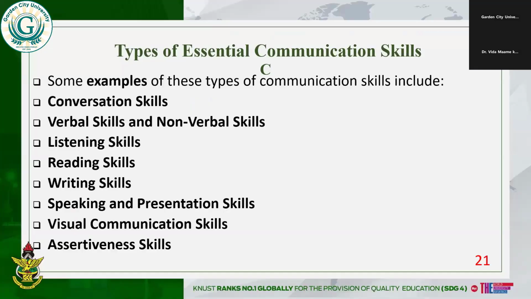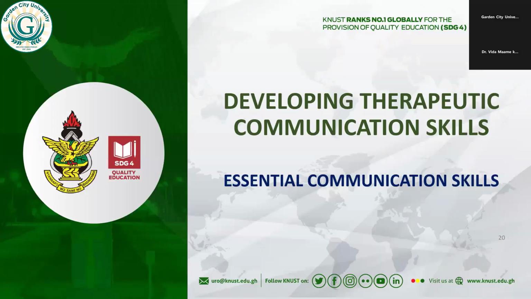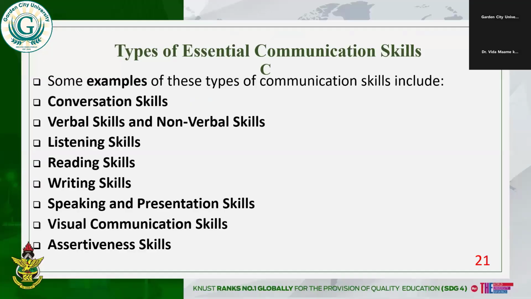So how do we develop therapeutic communication skills itself? So, essential communication skills. Basically, these are the types of communication skills that we have. We have conversation skills, verbal skills and nonverbal skills, listening skills, reading skills, writing skills, speaking and presentation skills, and visual communications and assertive communications.